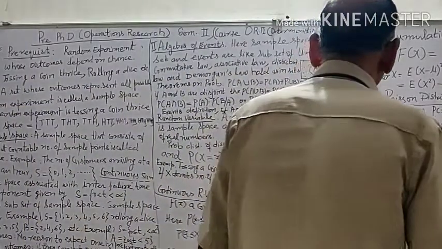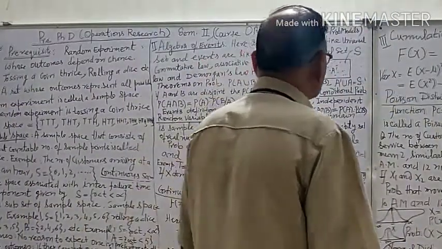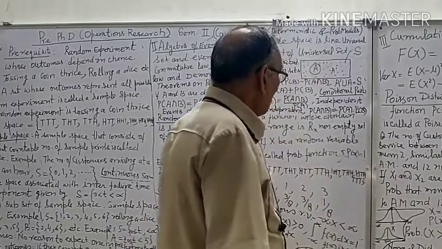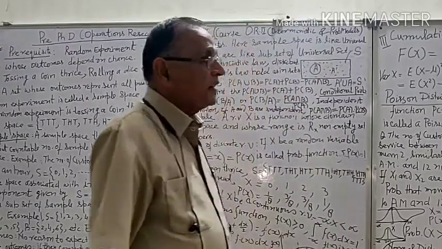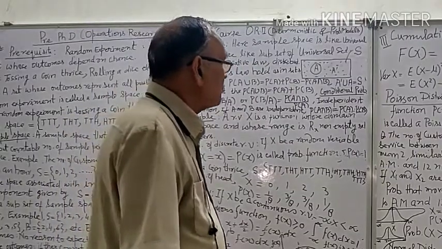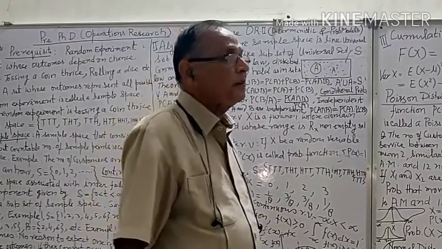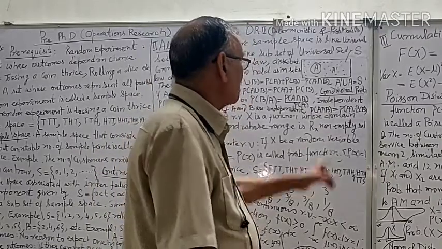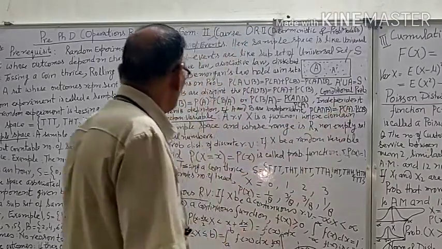And in that case, the probability of A intersection B, or the probability of the simultaneous occurrence of the two events A and B, is equal to the product of their separate probabilities, that is, probability of A times probability of B.